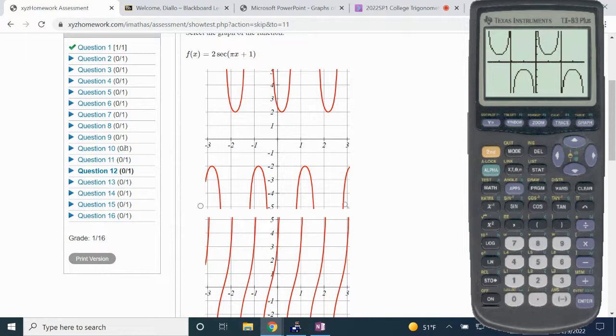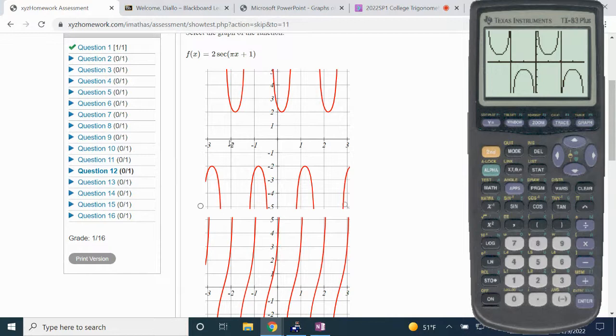All right, so let's take a look at problem number 12. We're given 2 times the secant of pi times x plus 1. Okay, now as we match our calculator to the given answer choices, there's just a couple of things you want to keep in mind.